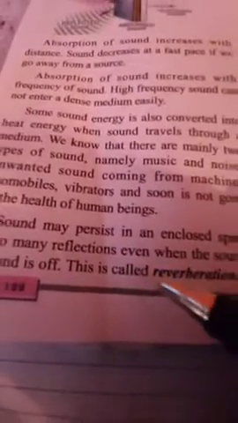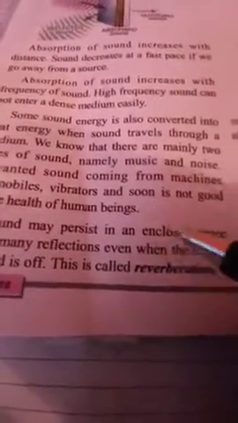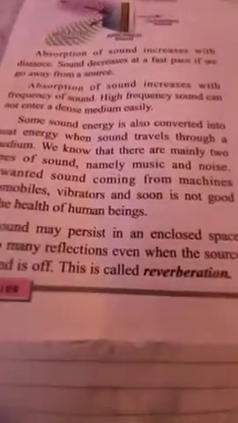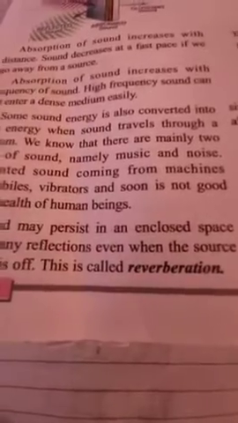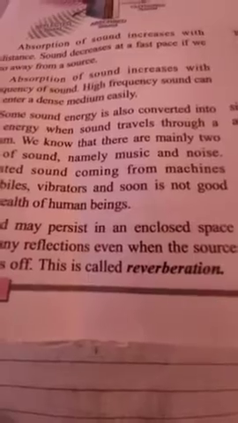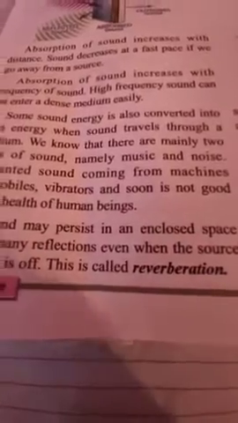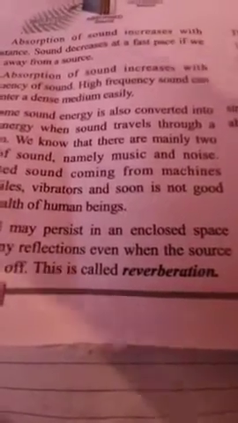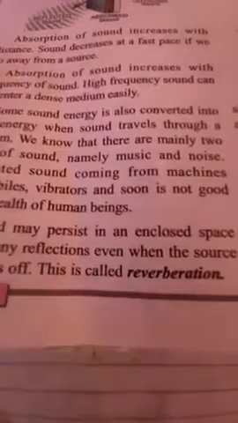Suppose you are in an ordinary hall and you speak something. Then again and again, whatever you have spoken will get reflected. Suppose you speak Ram in an ordinary hall, you will not hear any echo. What if you speak in a soundproof hall?